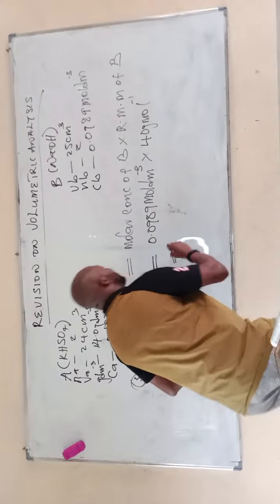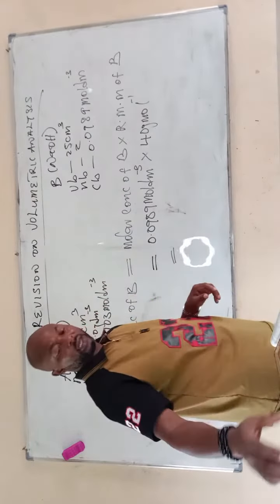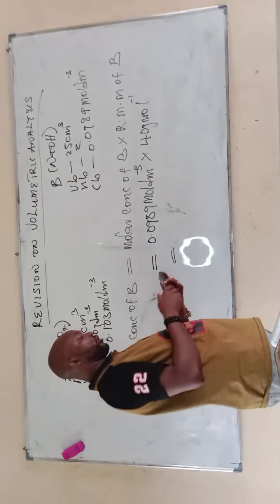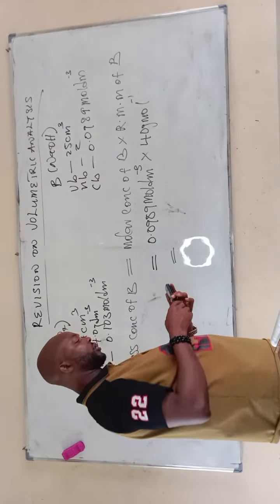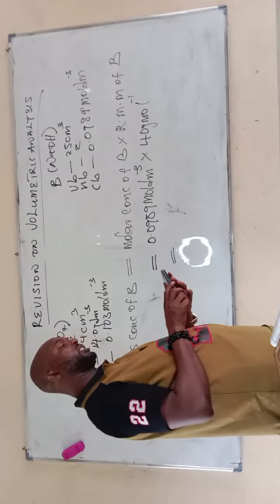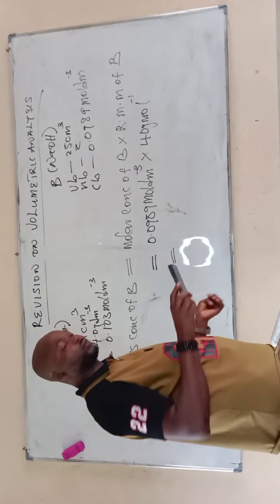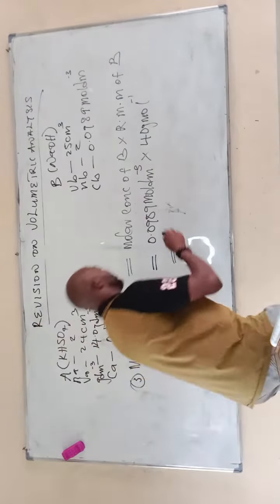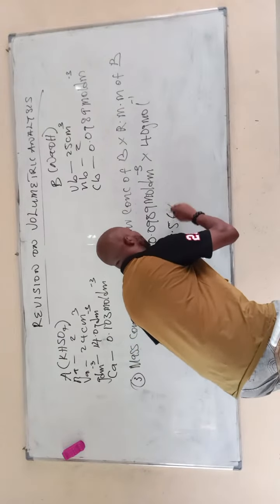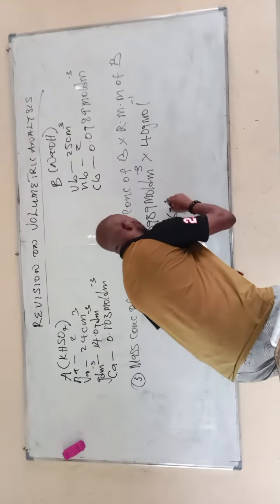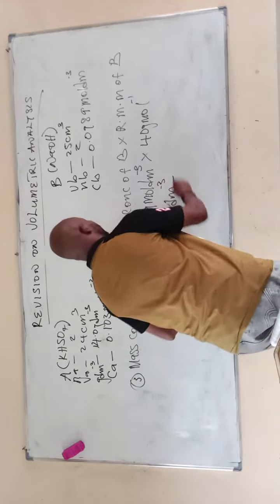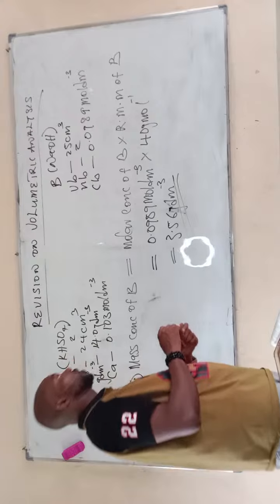And this times 40 is 3.56. Let's call it so. 3.56 g/dm³, the mass concentration. So this is our answer, what was required.